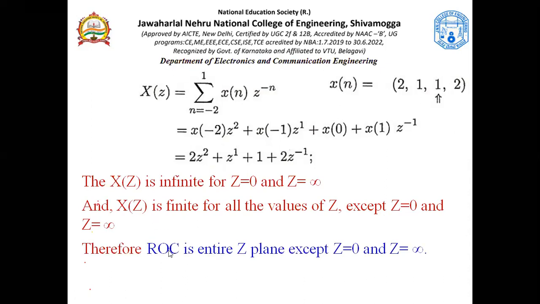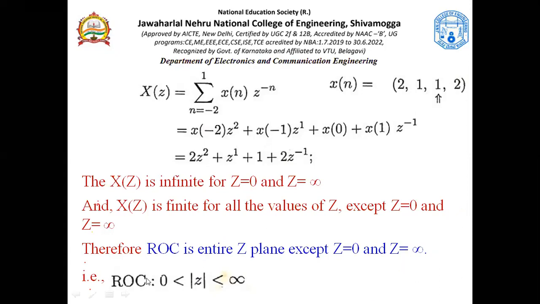Therefore, ROC is the entire z plane except z equal to 0 and z equal to infinity. So how is that denoted here? Except z equal to 0 and z equal to minus infinity and plus infinity, all values of z would form the ROC.